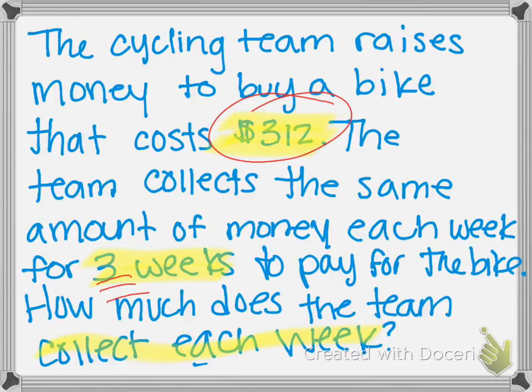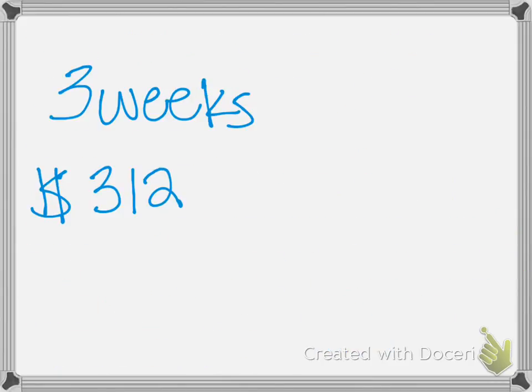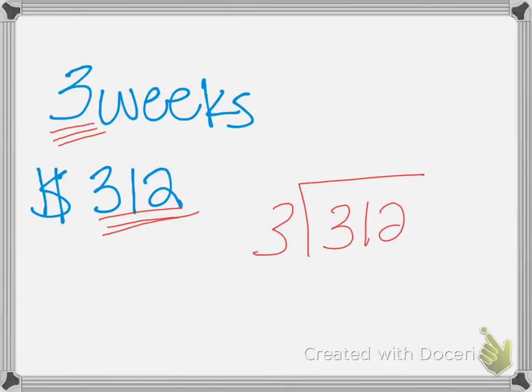So once you write that, or I wrote it also like this, that they collected over a period of 3 weeks and they collected $312. So how would you solve this? Division. Yes. So we are going to have the division problem, 3 weeks divided into $312.